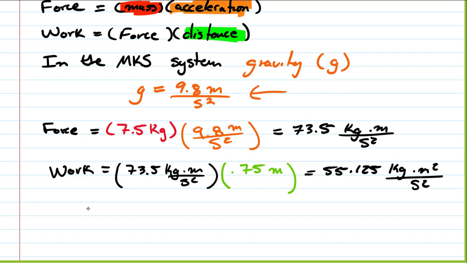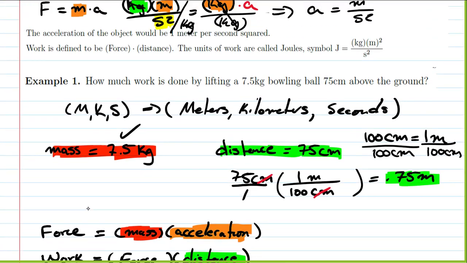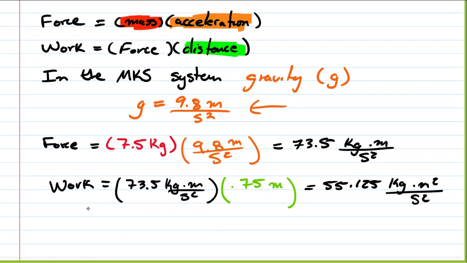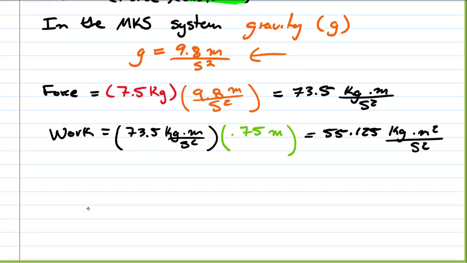If we check our units, kilograms meters squared per second squared are joules. So the work is 55.125 joules.